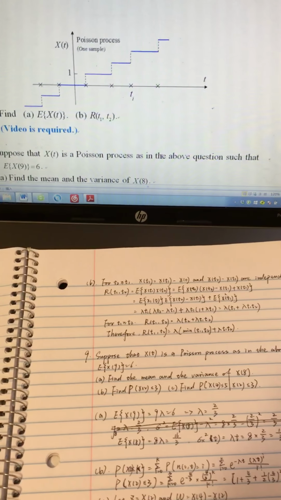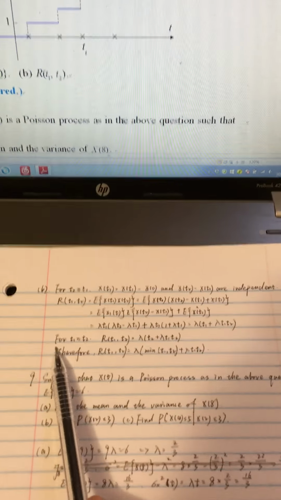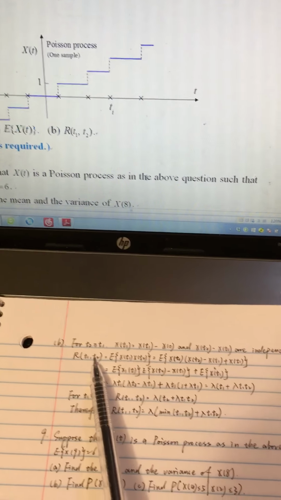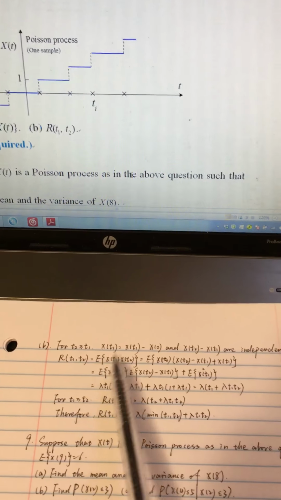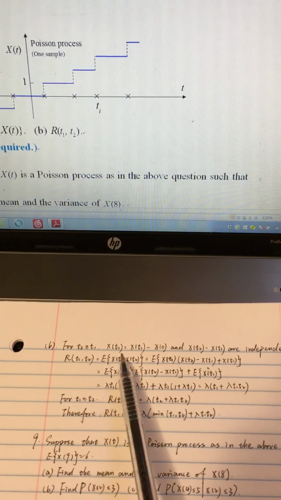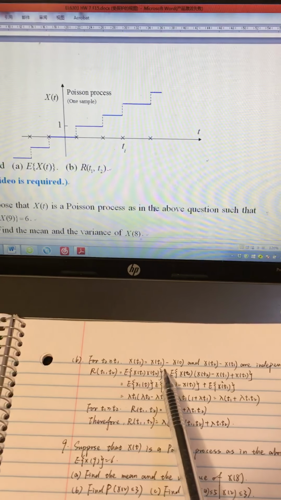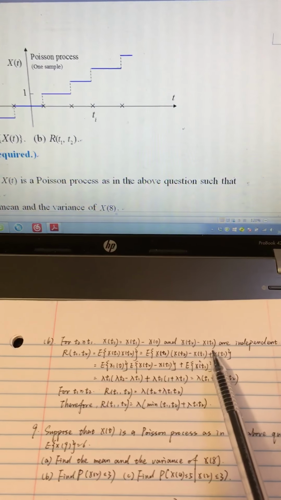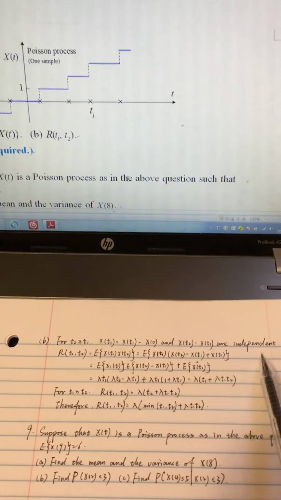Now let's look at the second question. Find R_X(t1, t2). For t2 greater than or equal to t1, we could get X(t1) equals X(t1) minus X(0), and X(t2) minus X(t1). These two parts are independent.